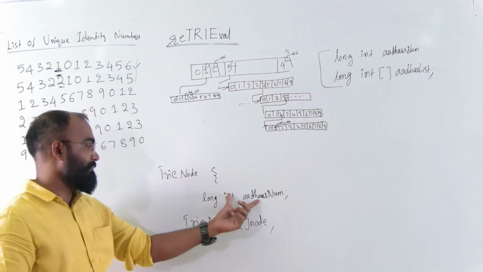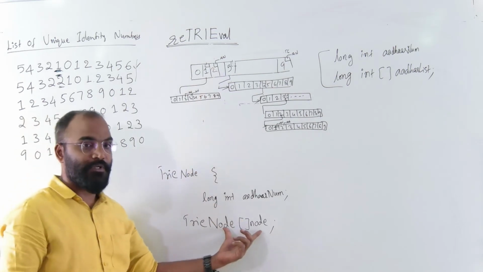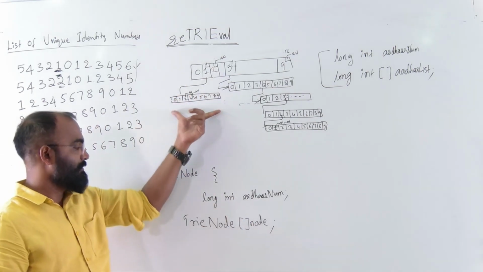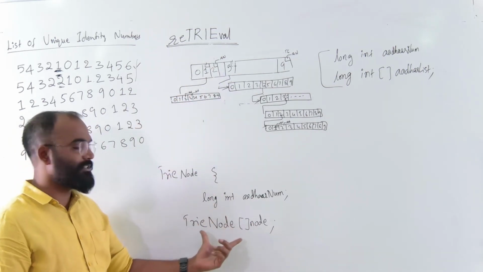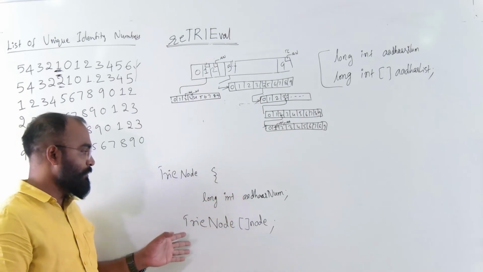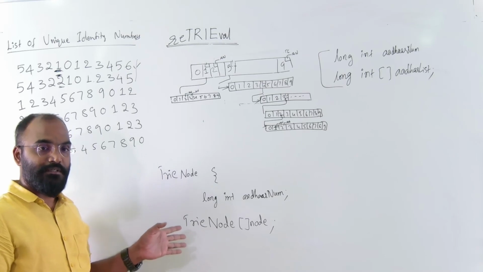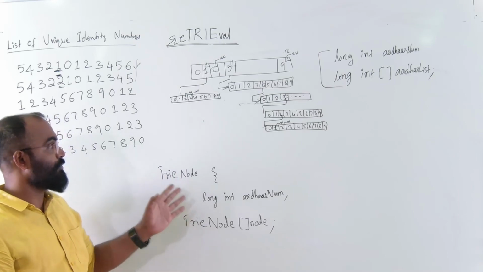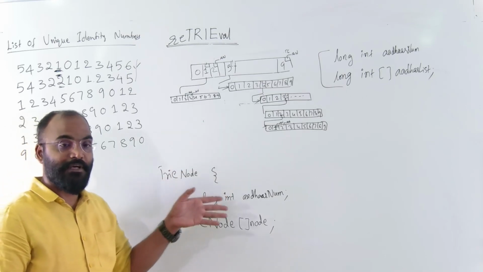Therefore, you have one Aadhaar number to store and the other one is an array of 10. We can instantiate this in the constructor for now. So this is how you understand the data structures or data types that you need in order to derive the algorithm and then the program.